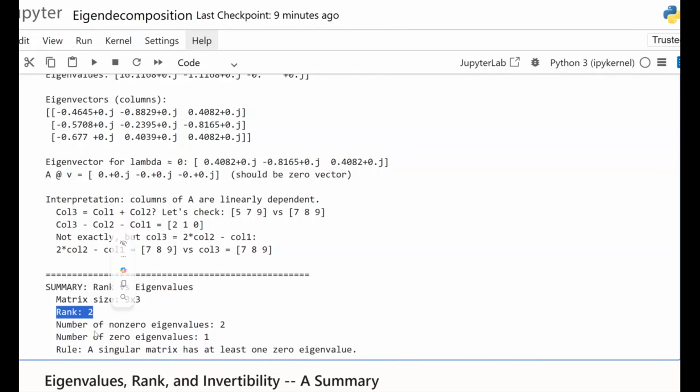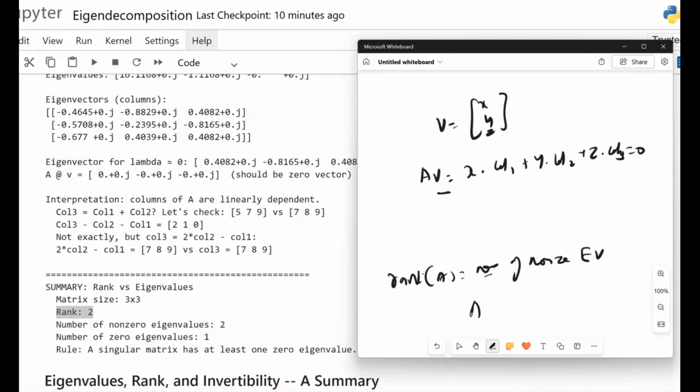One direction is completely collapsed, and that direction is the null space, that is Av equals 0. More precisely, rank is equal to the number of non-zero singular values. For a symmetric or diagonalizable matrix, this aligns with the non-zero eigenvalues.